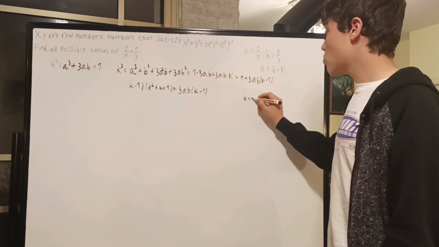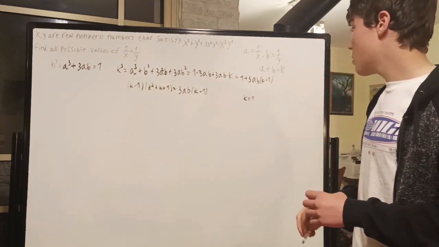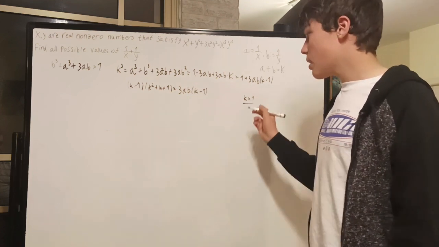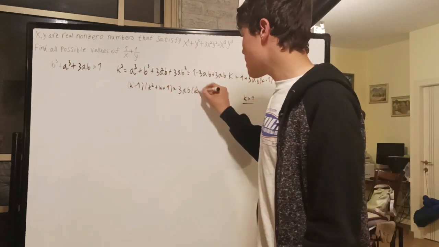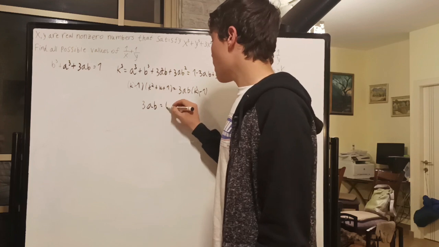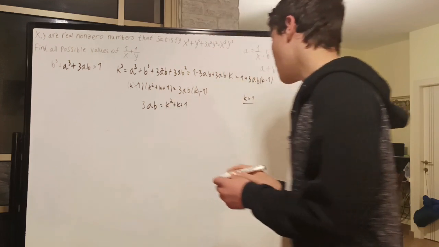Either k is equal to 1, so that would make k minus 1 equal 0, and we'll also solve the problem, because we're looking for k, or we can cancel these out and have 3ab equal to k squared plus k plus 1.